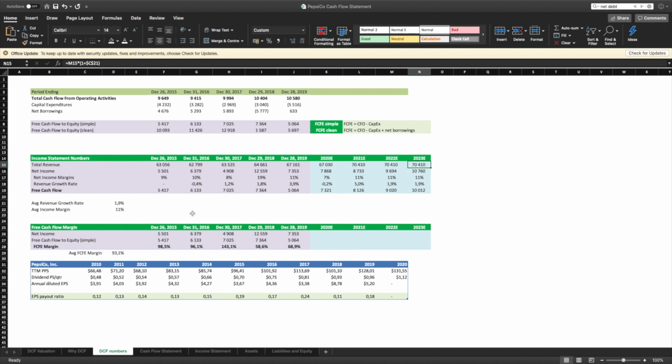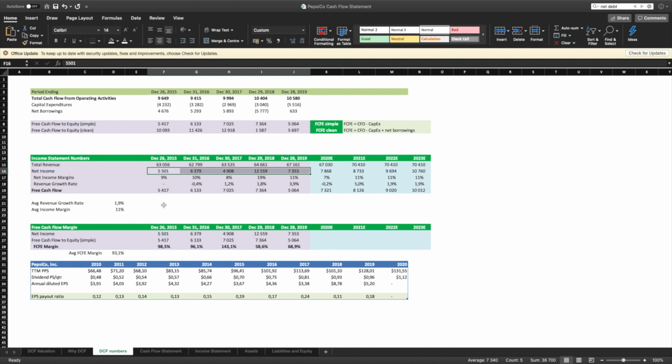And now we're soon going to get back to the free cash flow to equity margin, which we calculated before. Don't worry, just bear with me here. Now I just want us to head over to the net income, because as you can see, we have the net income of the past 5 years right here.